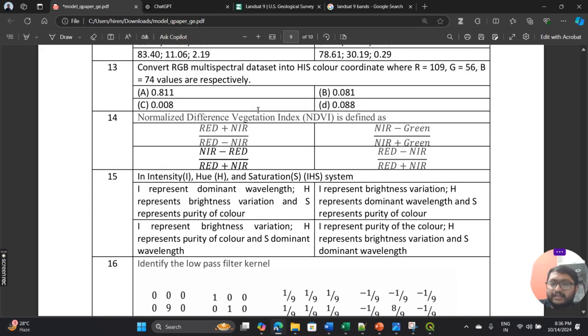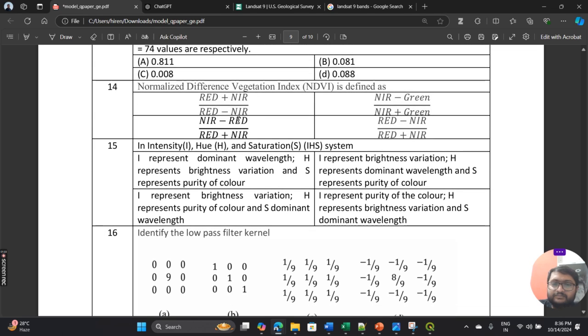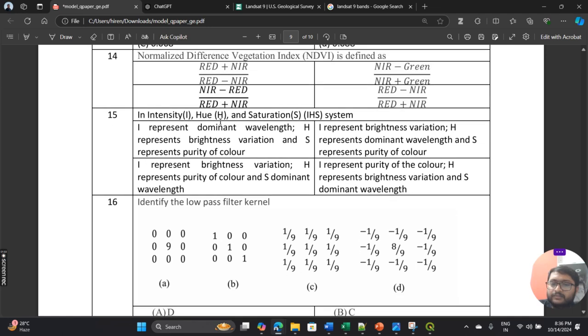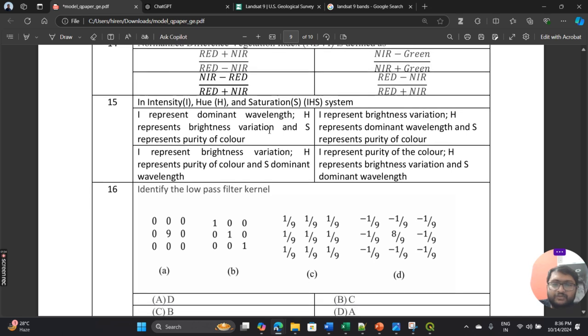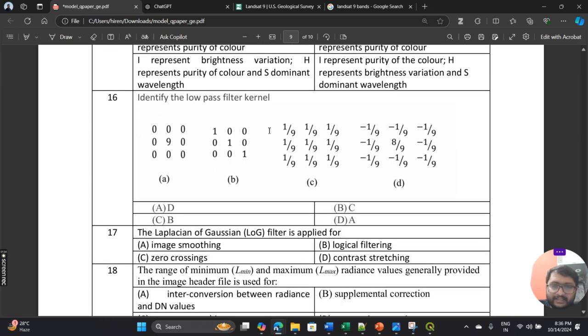Then NDVI is near infrared minus red over near infrared plus red. The correct option here will be C, the intensity, hue and saturation system. So just go through it. Identify the low pass filter.